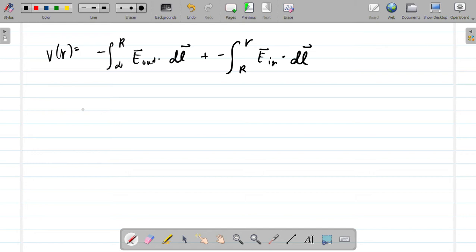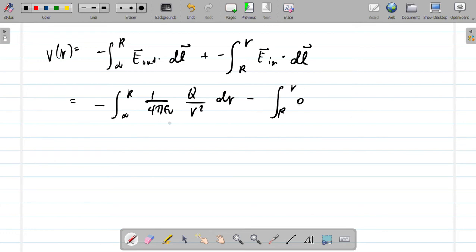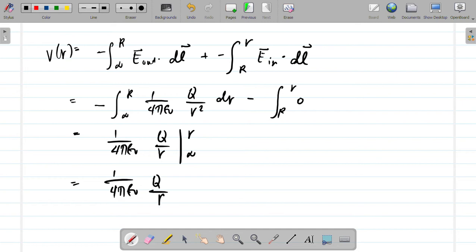So now we have negative infinity to R 1 over 4 pi epsilon naught Q over r squared dr minus R to R now 0. So we get 1 over 4 pi epsilon naught Q over R, small r lang, running from infinity to R. So this is 1 over 4 pi epsilon naught Q over R. So yan yung potential inside.